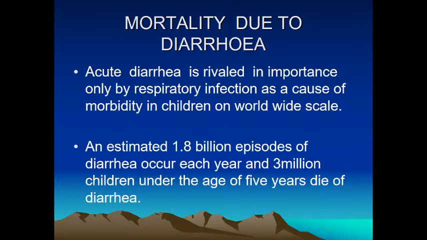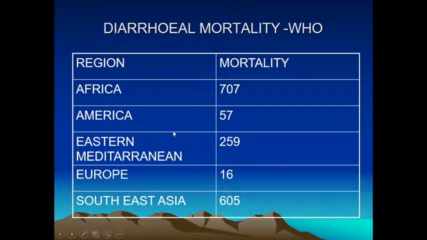That's the reason why diarrhea is so important. So these are the mortality figures due to diarrhea. If you see, Southeast Asia also has a huge amount of mortality due to diarrheal diseases.